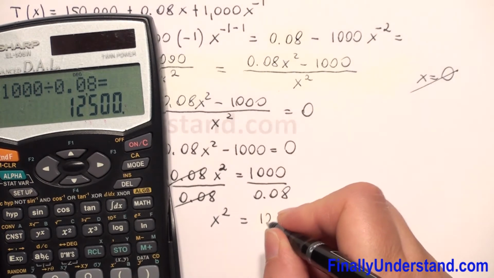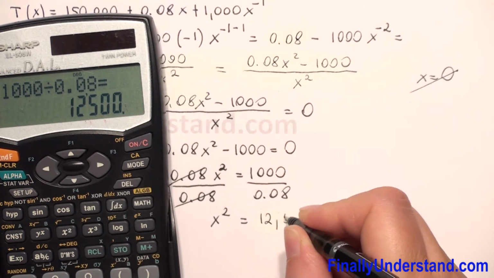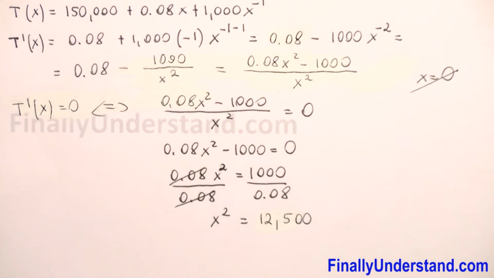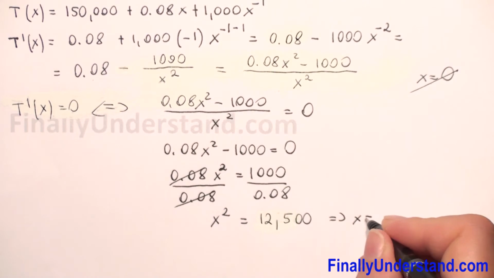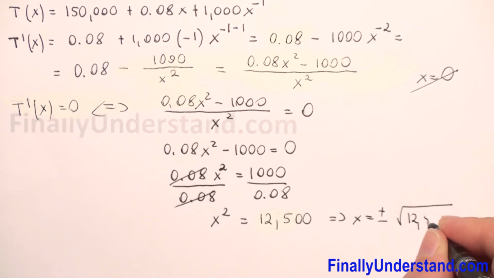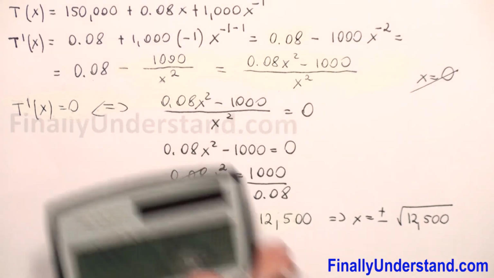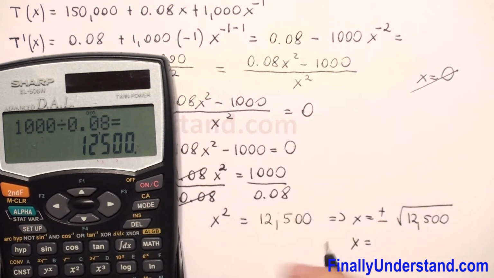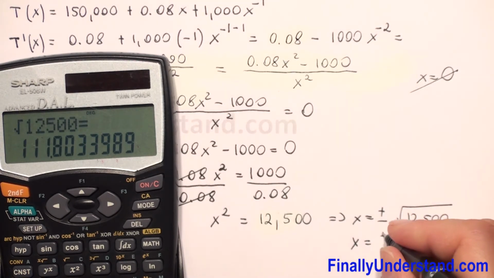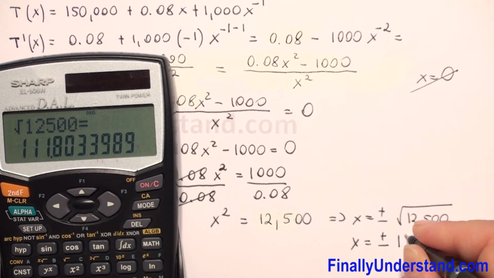So we have x squared equals 12,500, so x is equal to plus minus square root of 12,500, which is approximately plus minus 111.8.